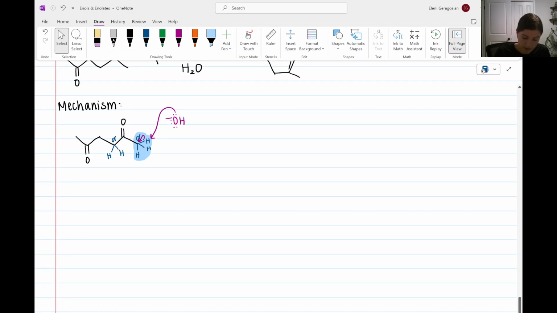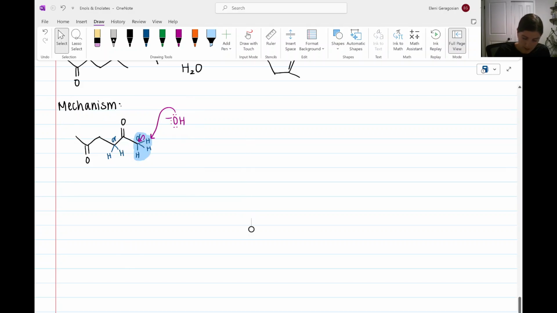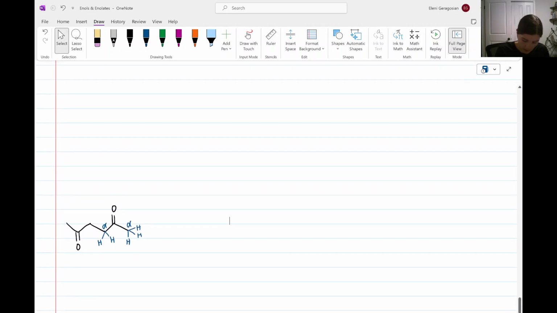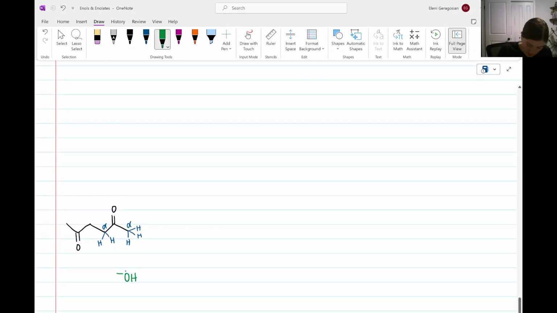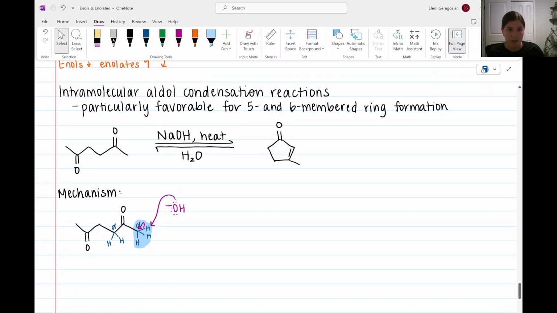Our other option, which we'll work through later, so let's copy this, is to remove one of these hydrogens, and we'll form an enolate there. So we'll come back to this mechanism after we complete the mechanism up here.